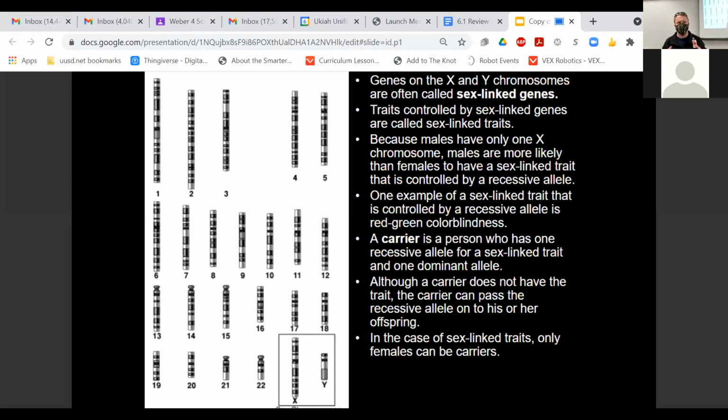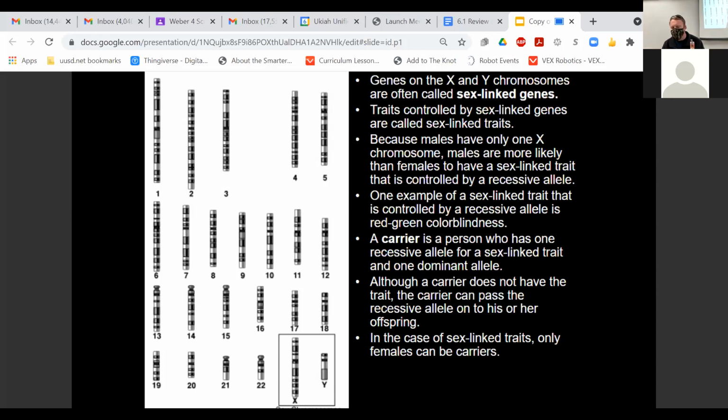We're not talking about gender, we're talking about actual physical traits. The X and Y chromosomes carry sex-linked genes. Traits controlled by sex-linked genes are called sex-linked traits. Because males have only one X chromosome, males are more likely than females to have sex-linked traits that are controlled by a recessive allele. Color blindness is one of them.